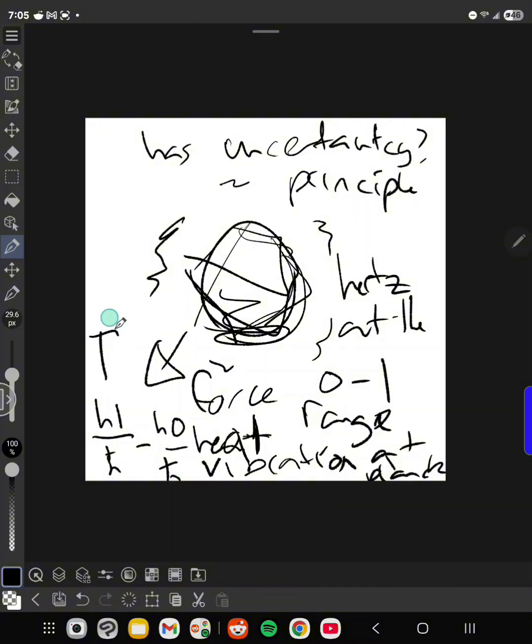Yeah, so that goes up to here. So then it goes H1 minus H0 over, I want to say 1/2 Planck over 1/2 Planck.